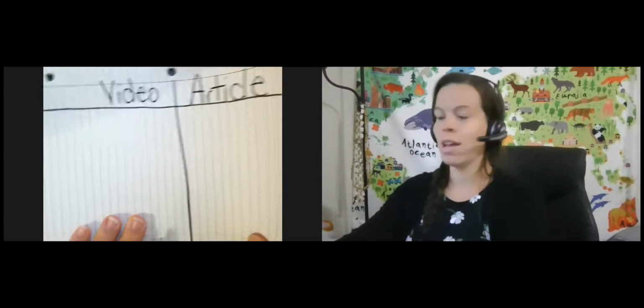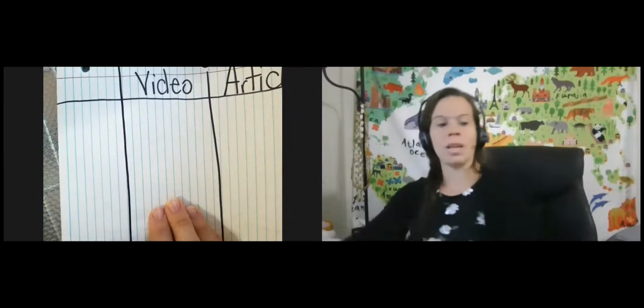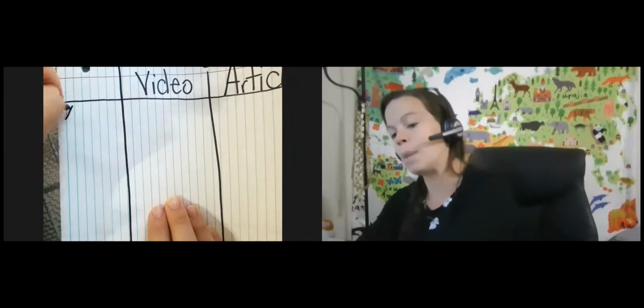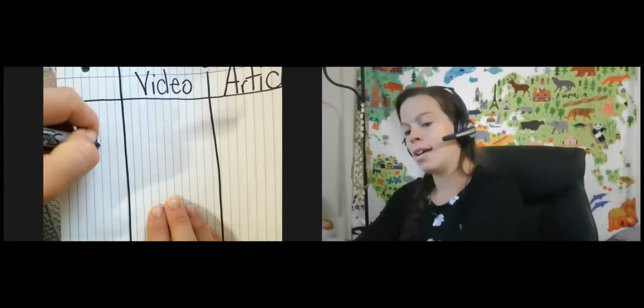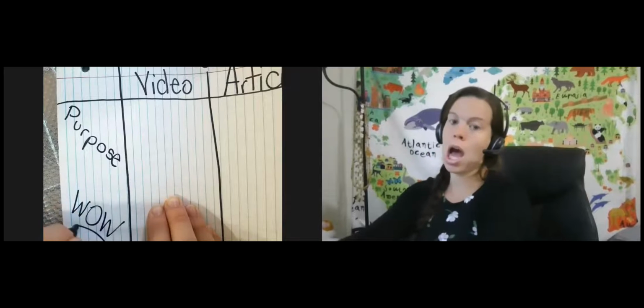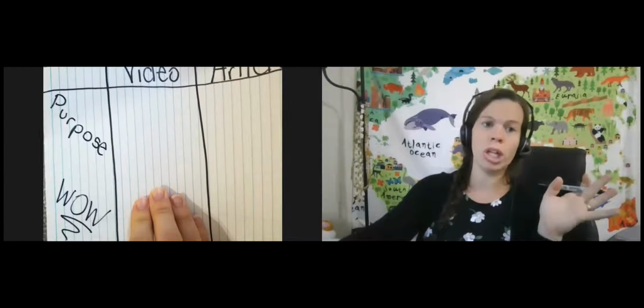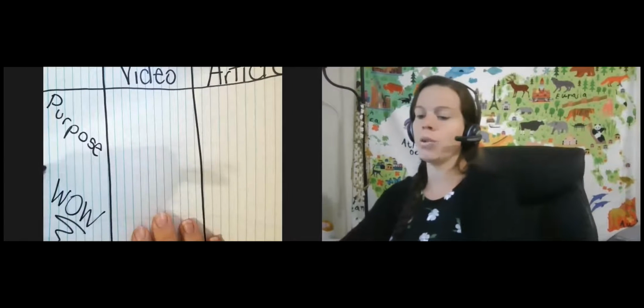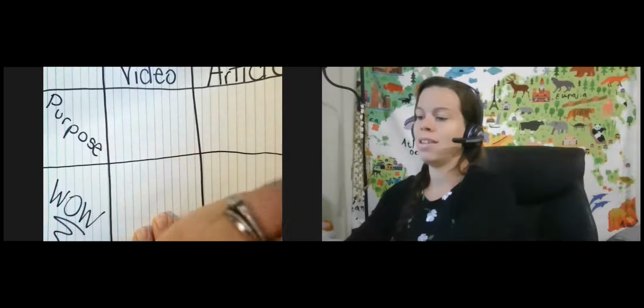It's okay. And remember that third line down, because we're going to talk about the purpose. And then your wows. Wow, that's amazing, so cool. It just doesn't fit in the other categories. That's how it goes.